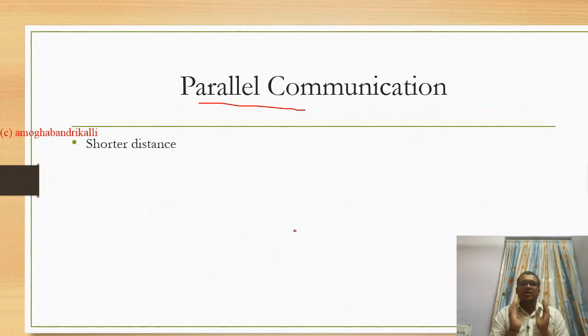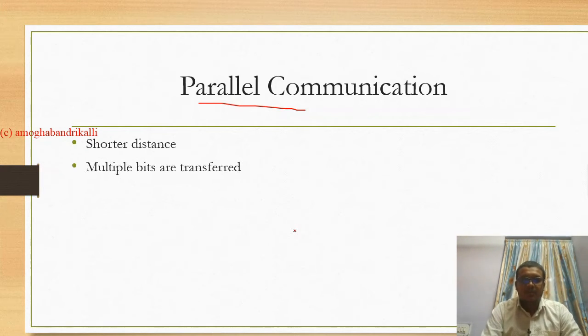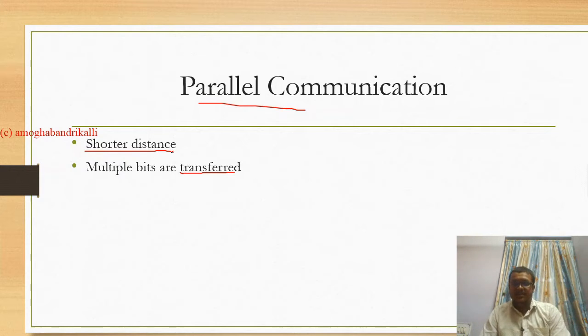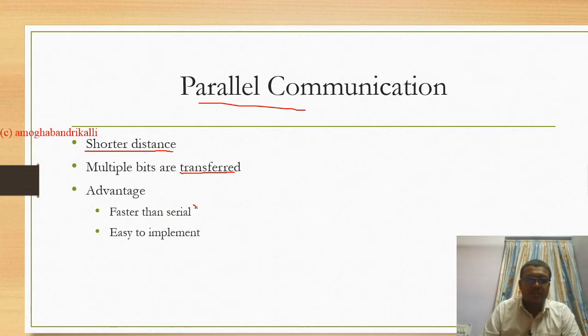Why? Because we transmit multiple bits of data from transmitter to receiver, hence only a shorter distance is feasible. This is faster communication compared to serial, and easier to implement.